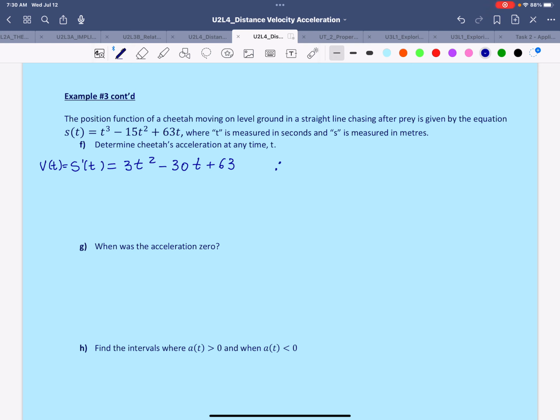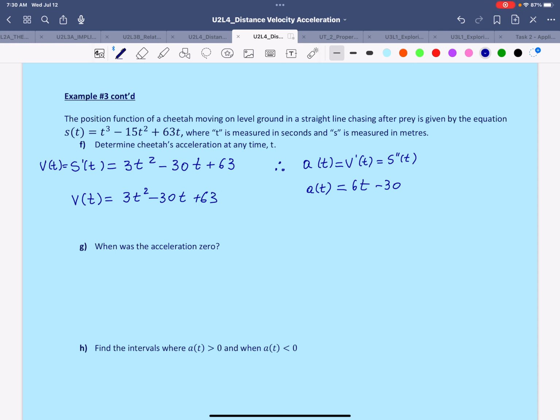Therefore, the acceleration will be the first derivative of velocity, or the second derivative of position, same thing. The derivative of 3t squared is 6t, and the derivative of negative 30t is negative 30. So I'm just going to write down acceleration and velocity because we'll have to use them in the next questions.